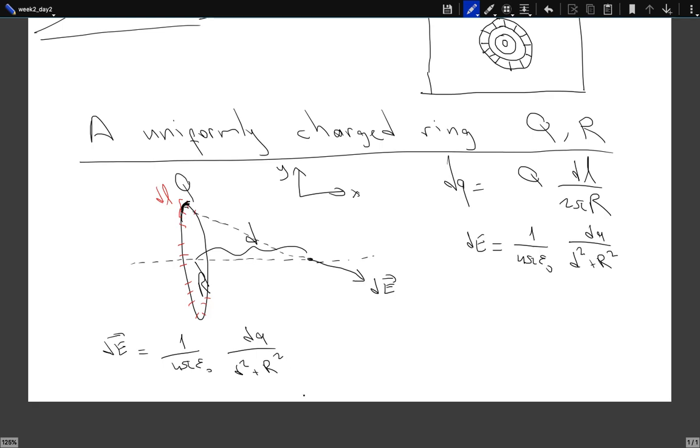To calculate the horizontal component, just multiply with the cosine of that angle, cosine theta, in the i direction, plus 1 over 4 pi epsilon 0, the same magnitude. To calculate the vertical component, just multiply it by the sine of that angle.